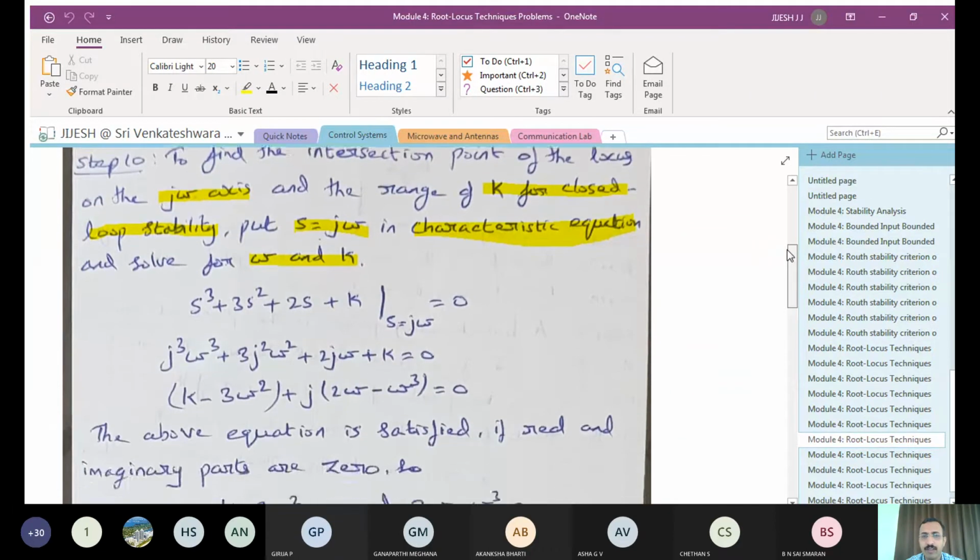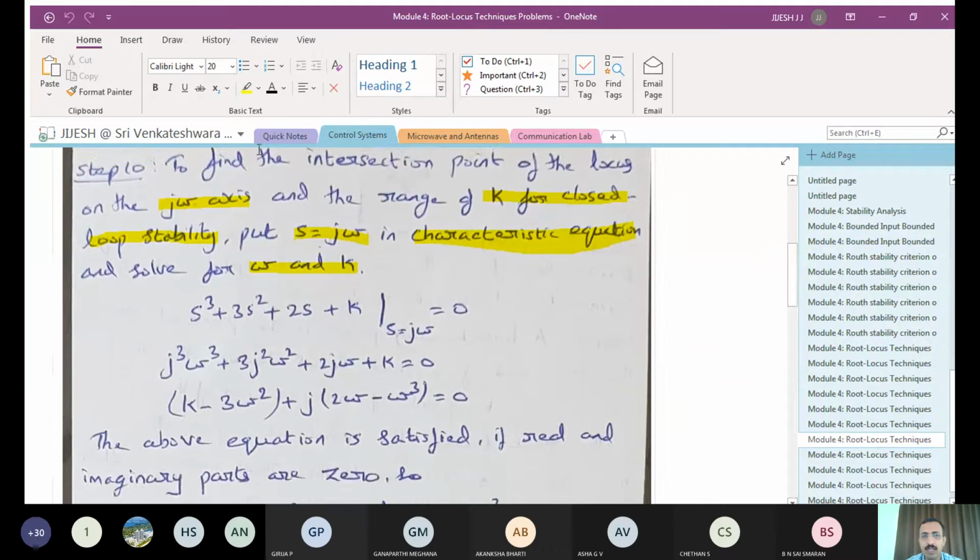We were at the 10th step, where we find the intersection point with j omega and K for closed loop stability, where we substitute s equal to j omega in the characteristic equation. In the previous problem we had done till here. Okay, so you can just continue substituting s equal to j omega and simplify further.